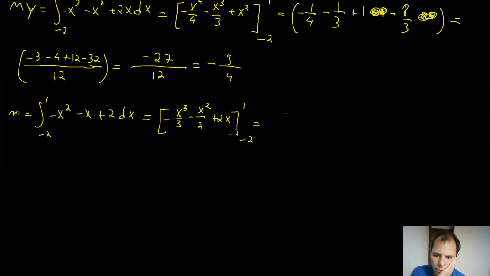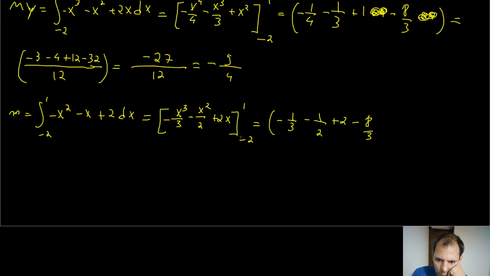And now we do the minimum common denominator, or maybe not yet. So minus 1/3 minus 1/2 plus 2, and then you have minus 8/3.